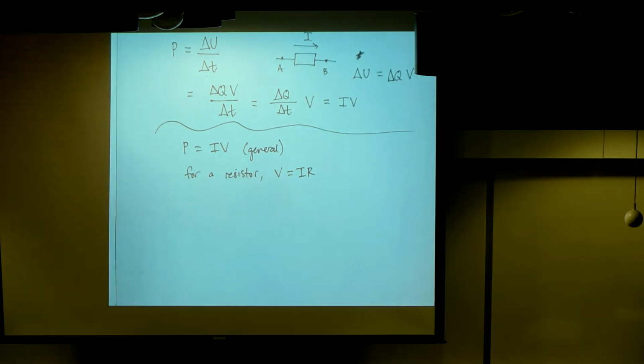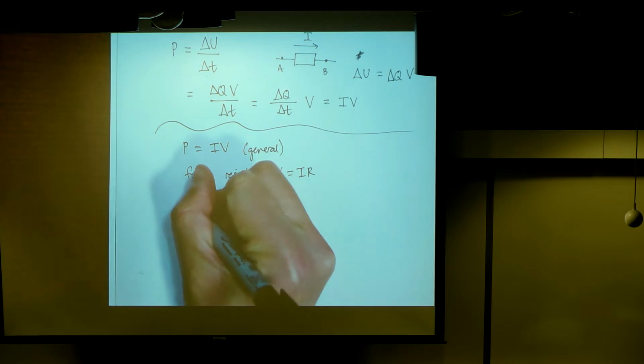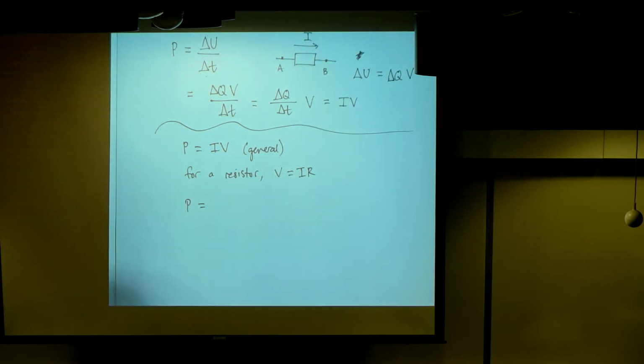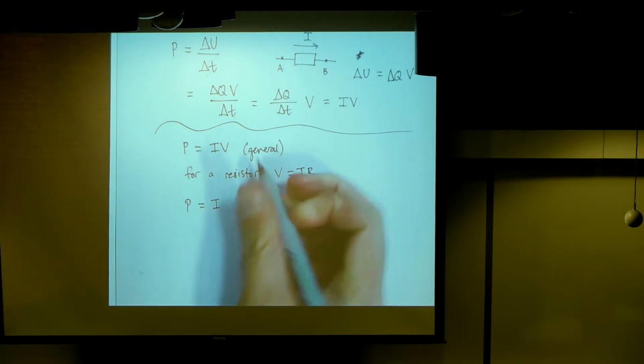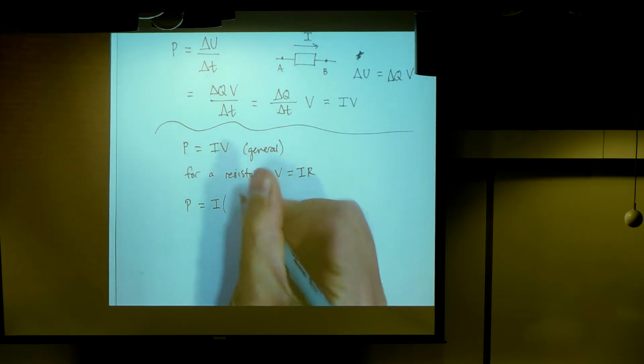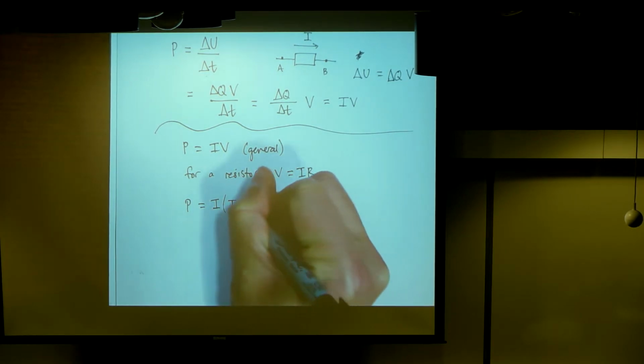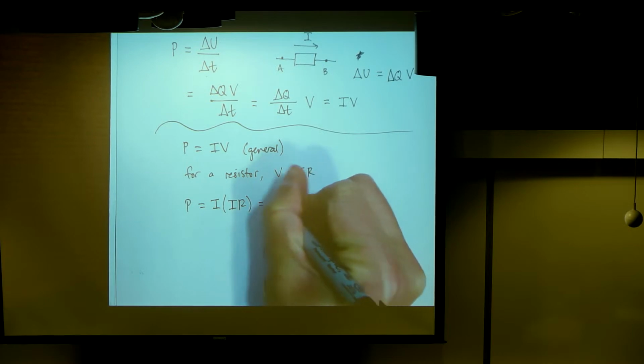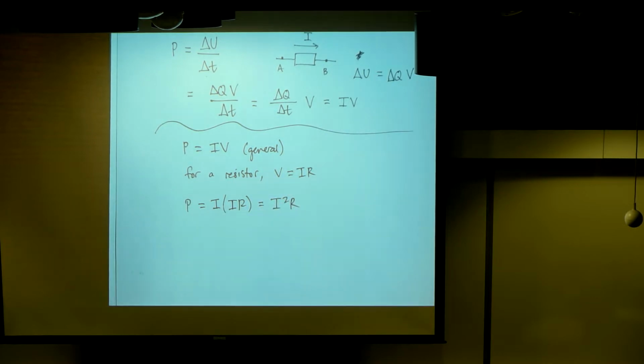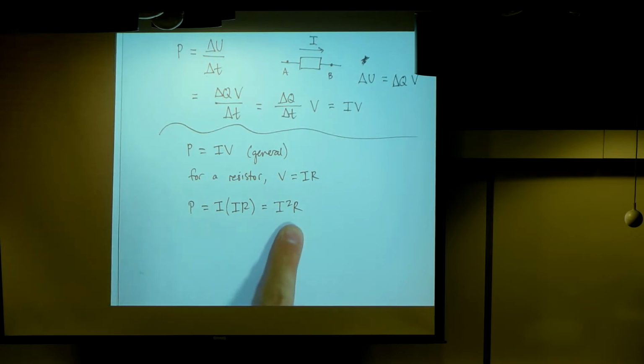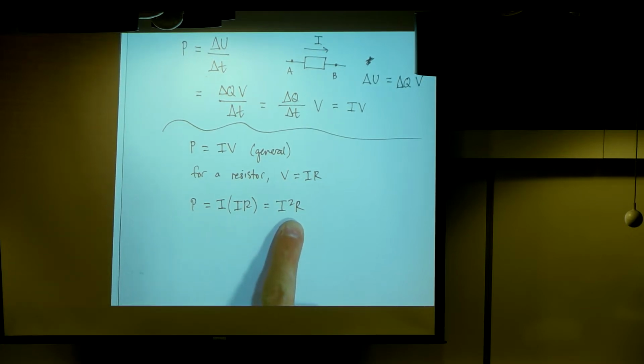The voltage across a resistor equals the current running through it, I, times its resistance, R. So if that's the case, we can plug that into our formula for power, and we'll get I times V, but for V, I'm going to replace that with I times R, which will give me I squared times R. So that's where that formula comes from. The power consumed by a resistor is given by the current squared times the resistance.